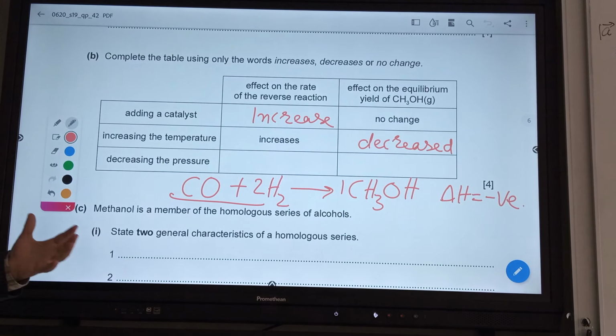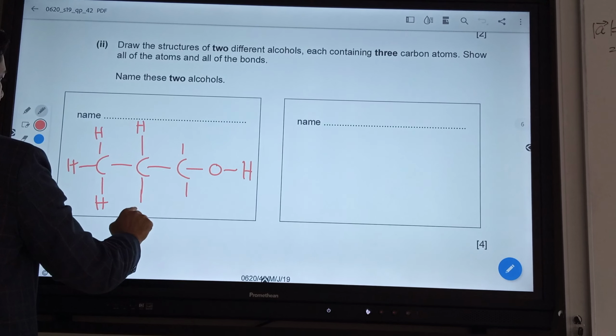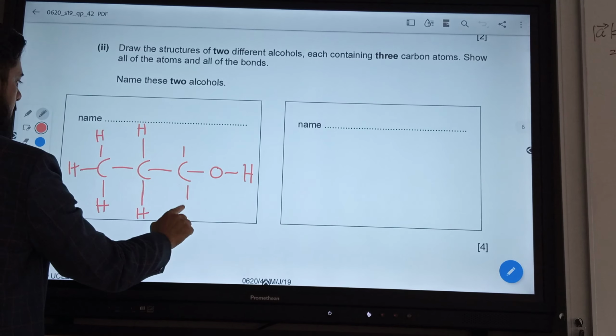Draw the structure of two alcohols, each containing three carbon atoms, showing all the atoms. We can draw quickly: we have three carbon atoms, one, two, three. I connect the alcohol group, OH, to the first carbon atom, and everything else gets hydrogen only. So this is propan-1-ol.